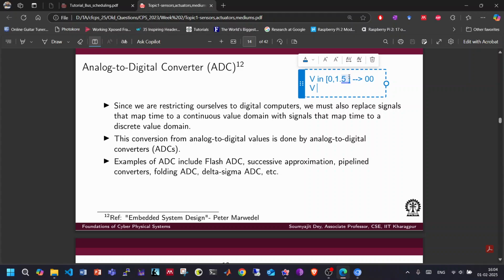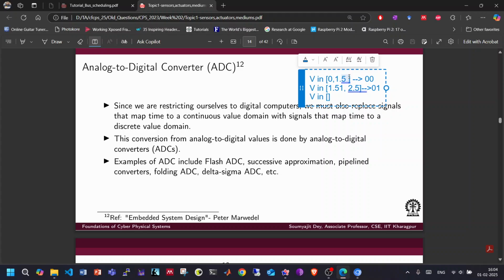Maybe V is in the 1.51 to 2.5 range, I denote it with 0, 1. This is how you are saying, right? Yes, yes. So it is always a range, isn't it?